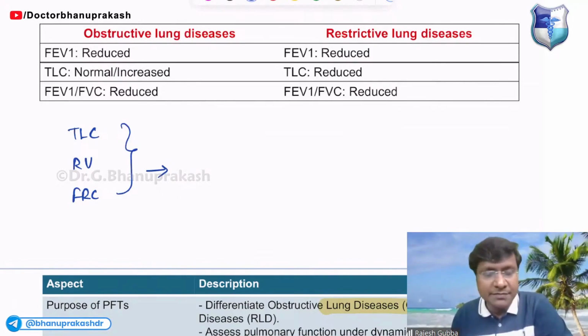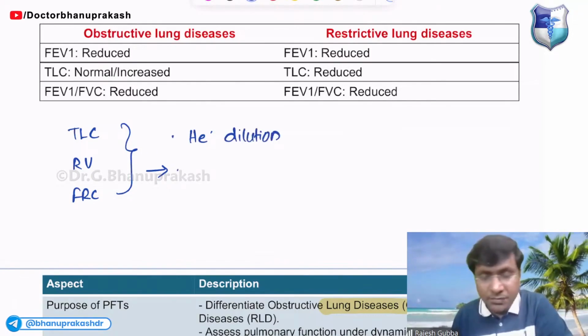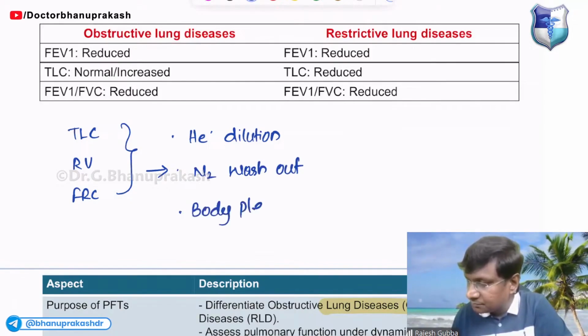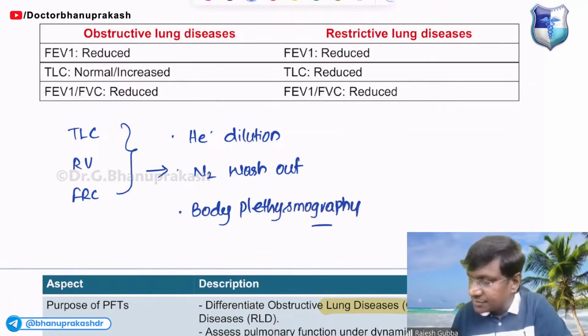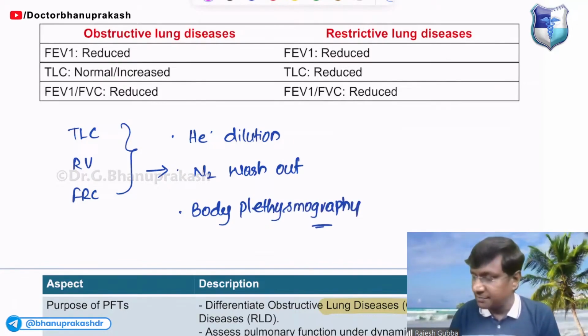The methods by which we measure the total lung capacity, residual volume, and functional residual capacity are the helium dilution method, then the nitrogen washout method, and then body plethysmography. So these are the various methods by which they can be measured.